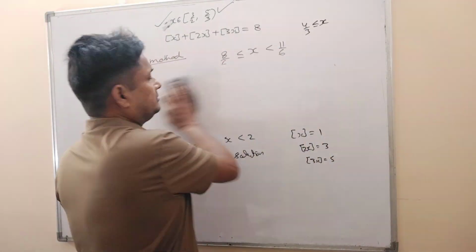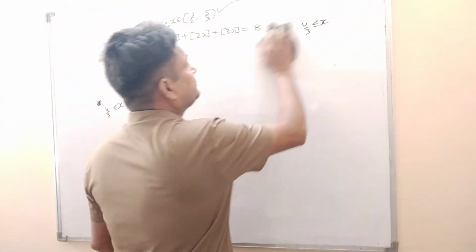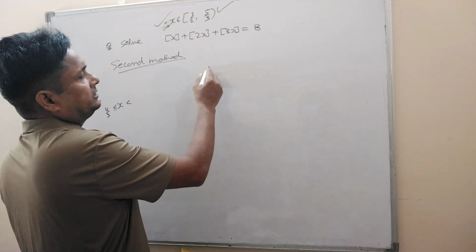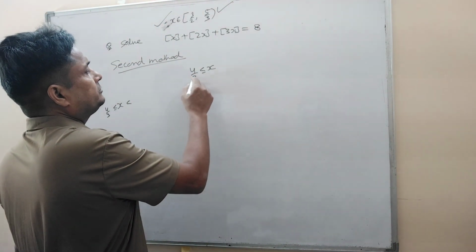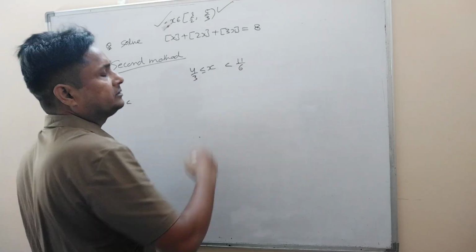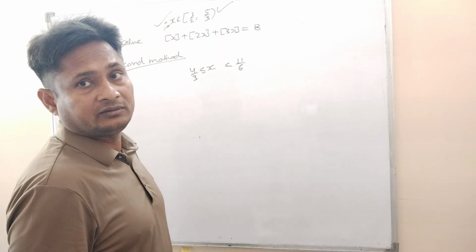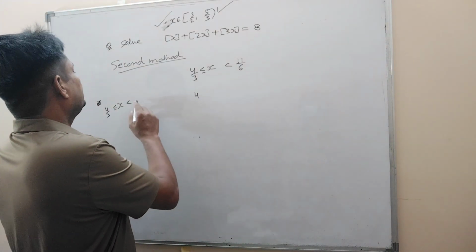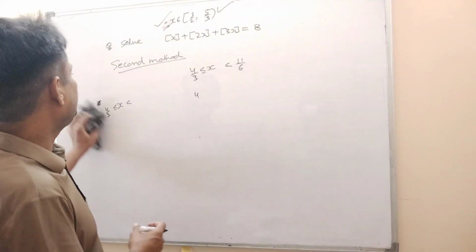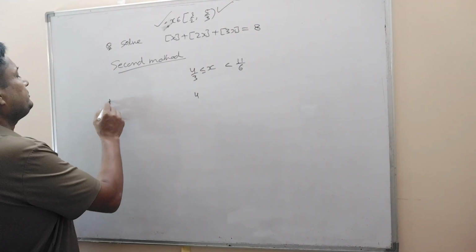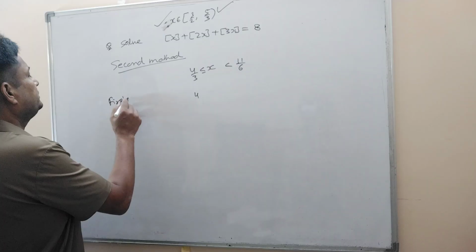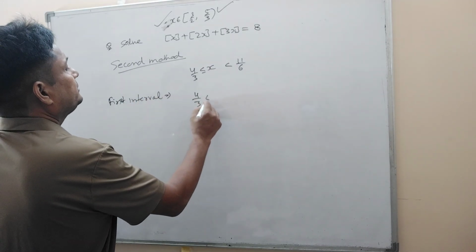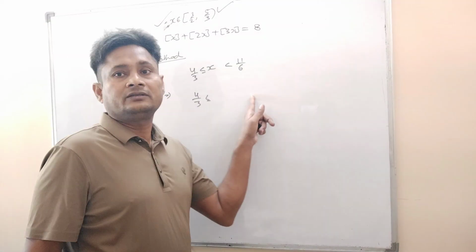Now, why are we changing these intervals? See here, x was 4 by 3 to 11 by 6. This was our possible interval. So first interval we can consider. How will you take the right part?